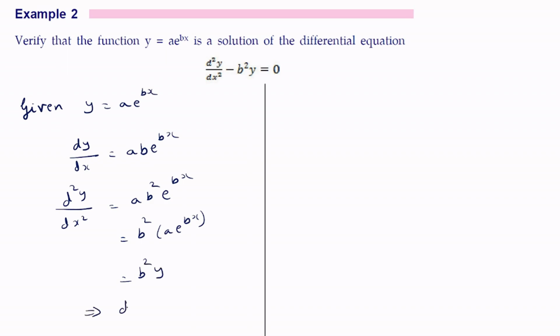From this we get d square y by dx square minus b square y equal to 0. Hence y equal to a e raised to bx is a solution of the given differential equation. So this is how we have to verify whether a given function is a solution of the differential equation.